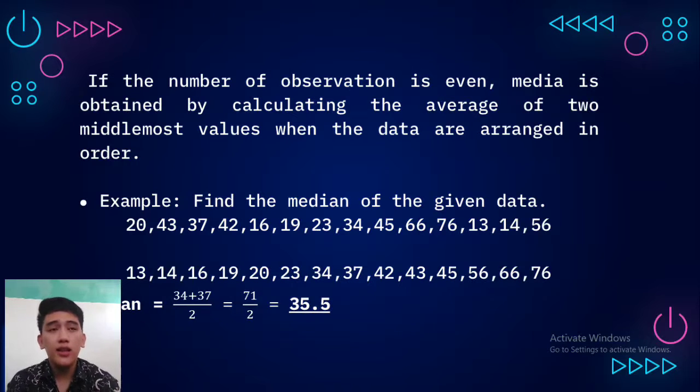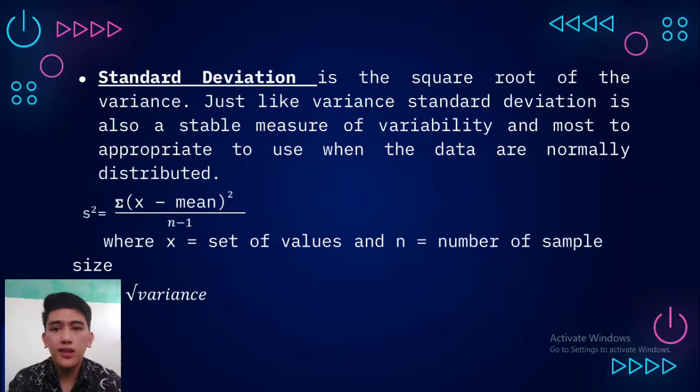Okay? Naintindihan na siguro natin kung ano ang median. Okay, let's move on. Next is standard deviation. Standard deviation is the square root of the variance. Just like variance, standard deviation is also a stable measure of variability and most appropriate to use when the data are normally distributed.